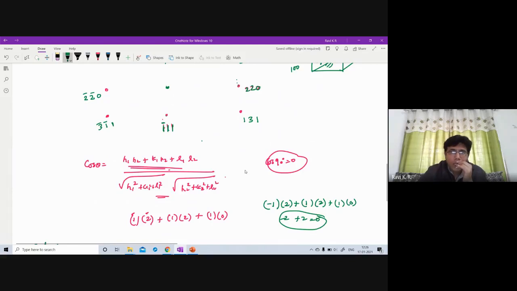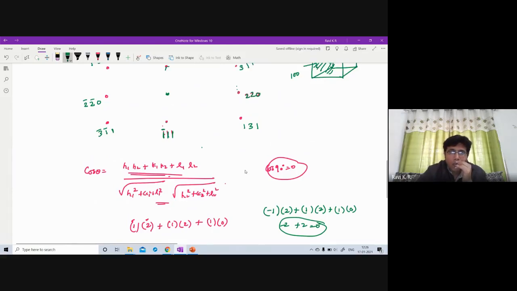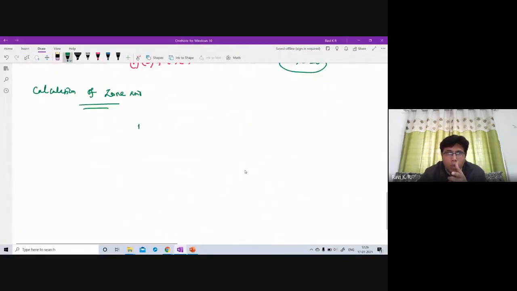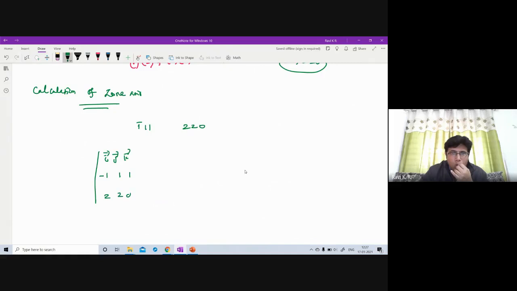We will take these two points, 1 bar 1 1 and 2 2 0. To identify the zone axis, you write i bar, j bar, k bar, then -1 1 1 and 2 2 0. Now you calculate this value.